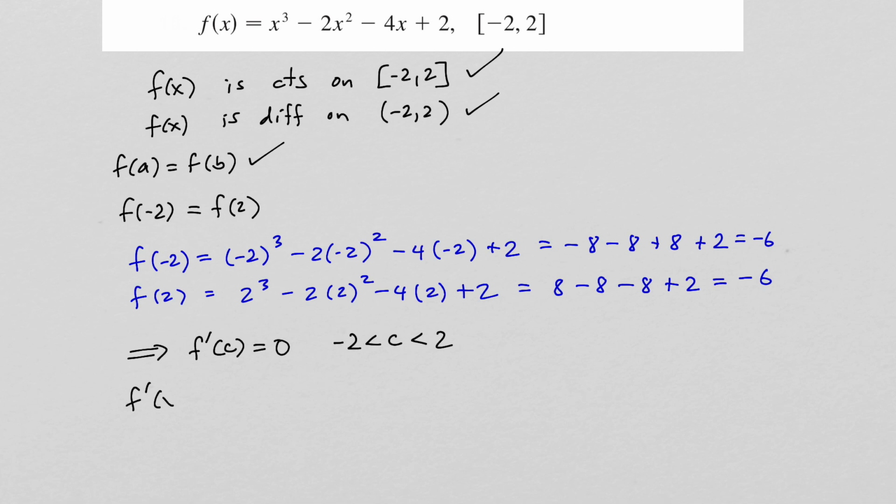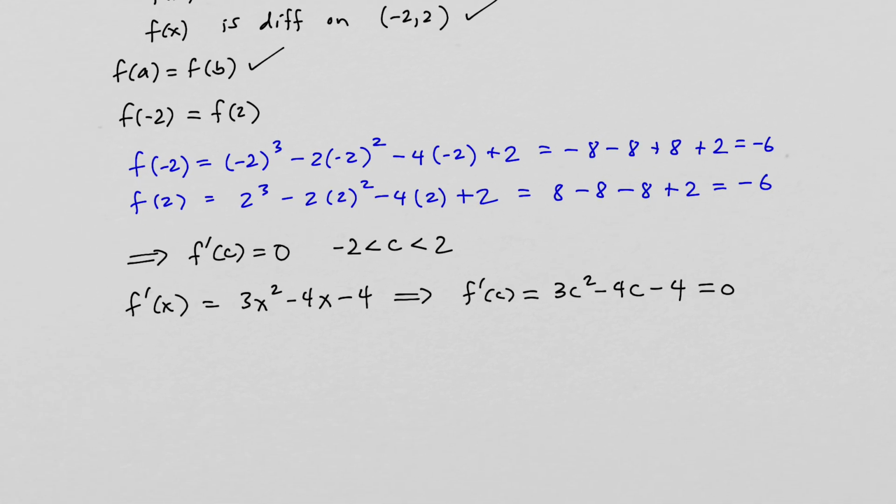So let's take the derivative. f prime of x is 3x squared minus 4x minus 4. Therefore, f prime of c is going to be 3c squared minus 4 times c minus 4. And if we set f prime of c equal to 0, we can solve this equation for c.